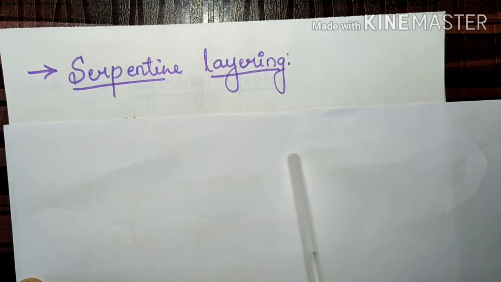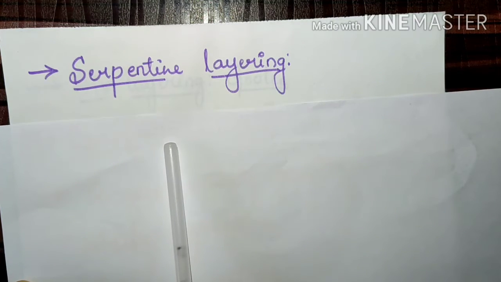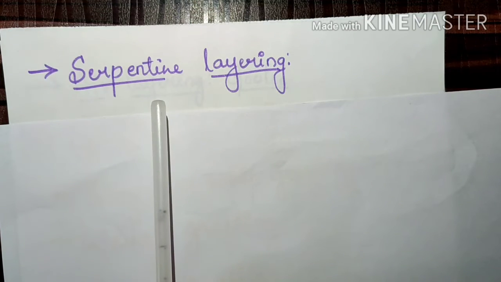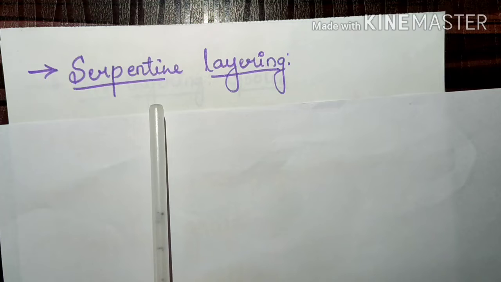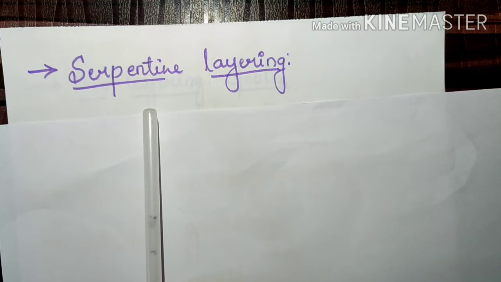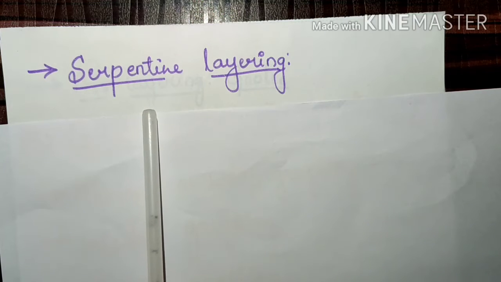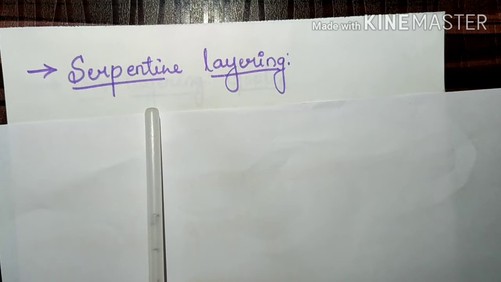In the pegged regions, it can produce adventitious roots, in order to produce many plants. This is called serpentine layering. So this is about different types of layering, which involves mound layering, air layering, and serpentine layering.